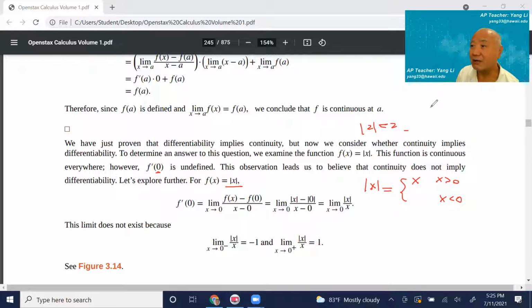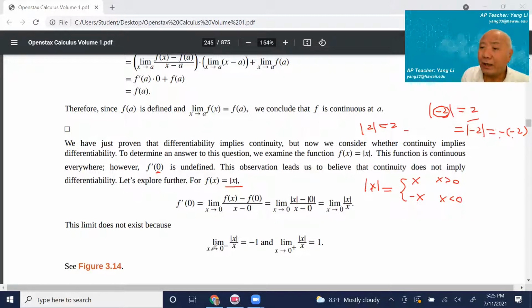For example, you have a negative 2, the absolute value still equals positive 2. But here we want to use the x value to represent the answer of the absolute value. So the absolute value of negative 2 equals negative of negative 2, which is positive 2. You have to use the original number. So that's why here you can write it as negative x.